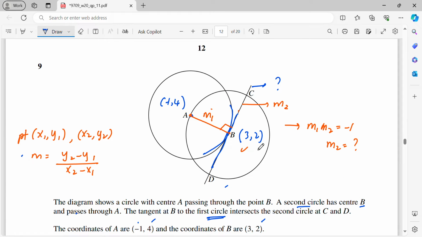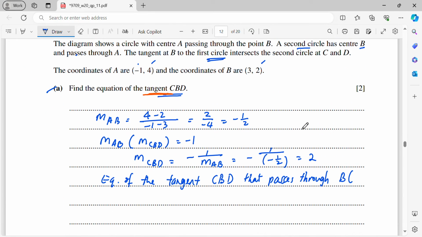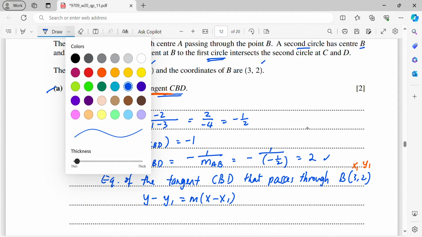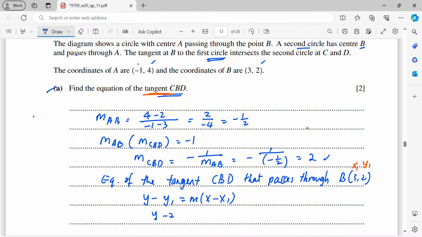So I just use the point B, which has coordinates 3, 2. And the M is 2. So I will use the formula y minus y1 equals M bracket x minus x1. So my x1 is 3, my y1 is 2. Then from here, you will get y minus 2 equals, the M is 2, so 2 bracket x minus 3.